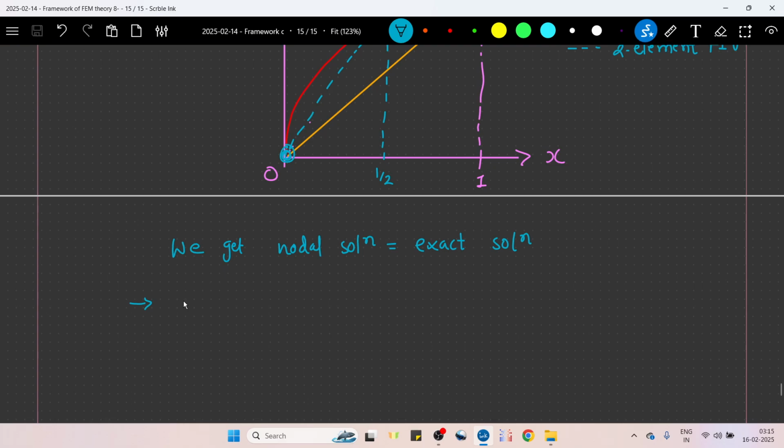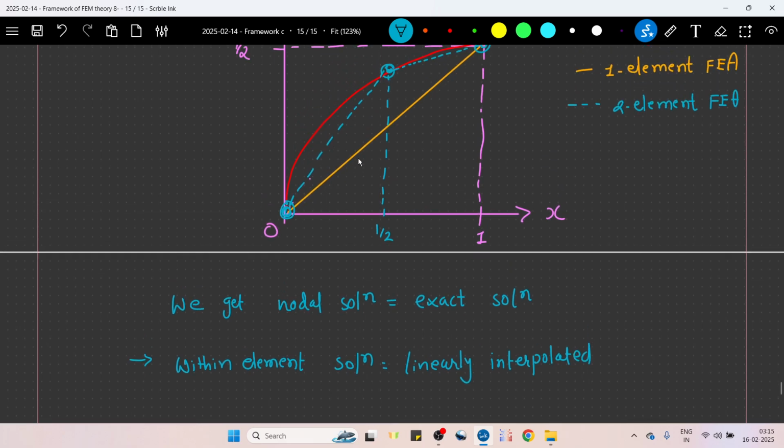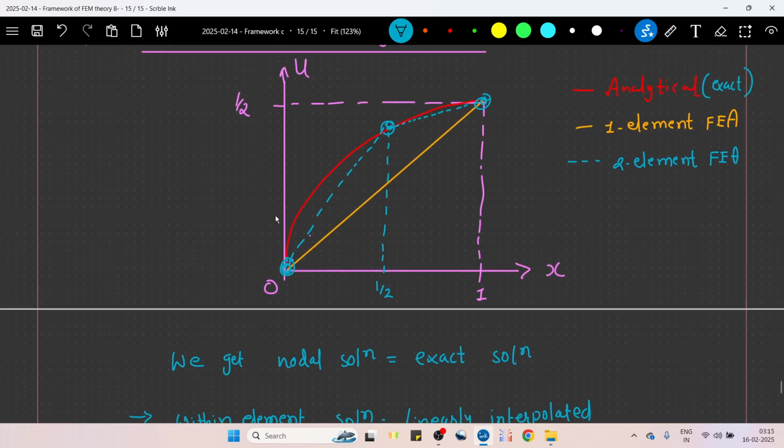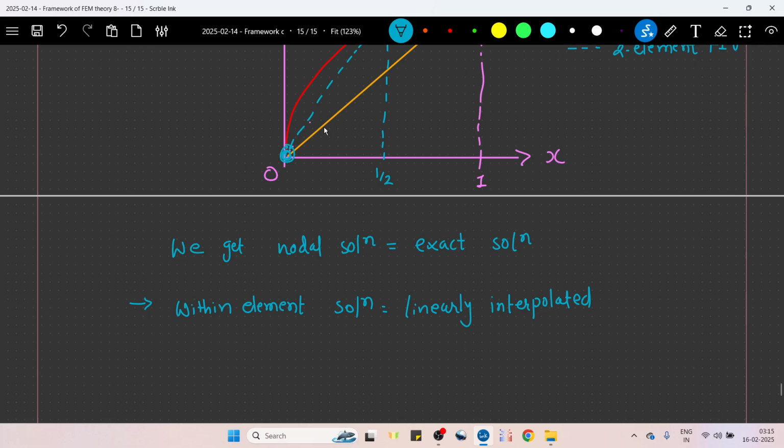So the within element solution is linearly interpolated, and that is our assumption. And actually we are not interested in this within element solution. It is just for the purpose of plotting. Otherwise our actual solution is the nodal solution.